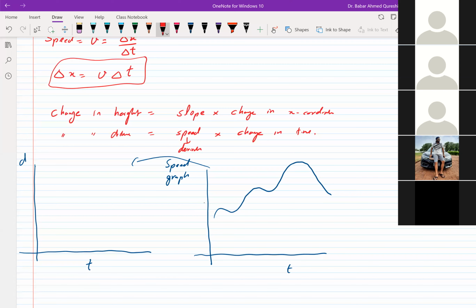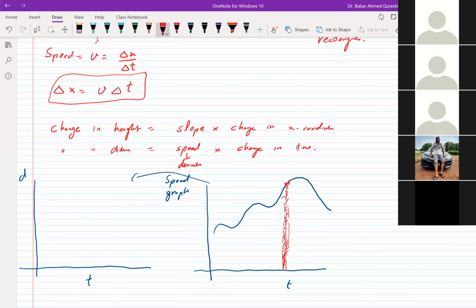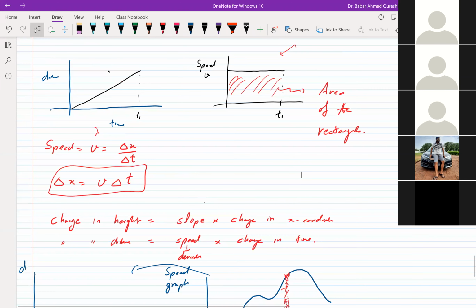You know that if I consider two very close by points, I can probably approximate it as a straight thing. And for very close by points, if I consider a rectangle, this will give me how much distance has been covered, because that's what I had over here. Distance covered is equal to the area of the rectangle.